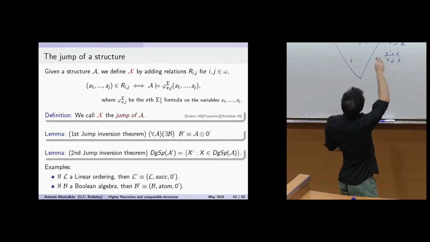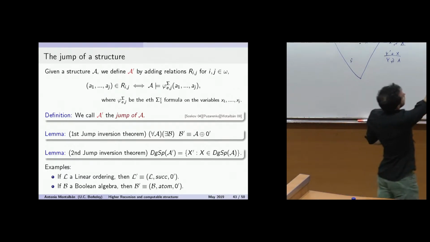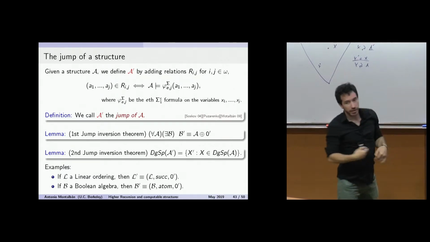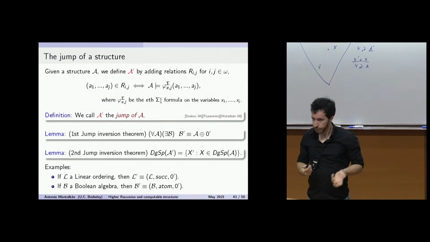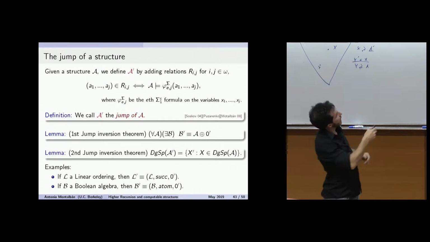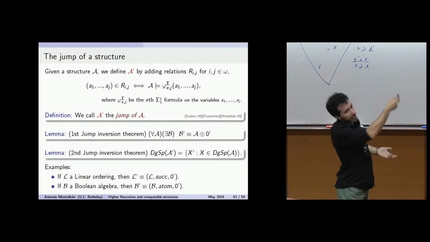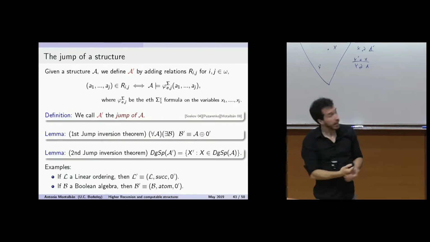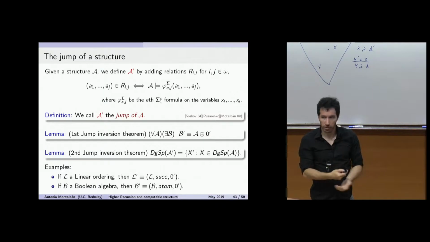And the same in the case of Boolean algebras: all you need to add is the atom relation. This is a nice result. Successor here is a pi 1 relation, so it's the complement of sigma 1, but it's pi 1 complete. So if you add it, and zero jump, then you get all the other sigma 1 relations.